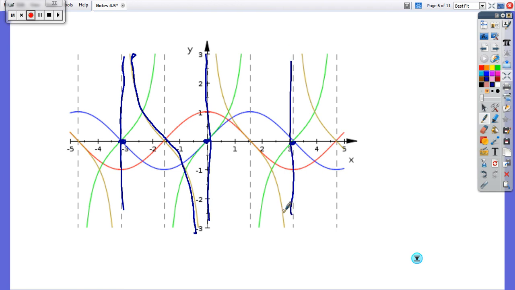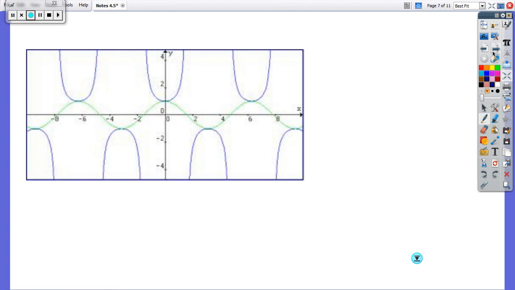And then the zeros of cosine, so cosine's in red, 0 here, 0 here, 0 here, that's all where cotangent has its own zeros as well. So again, they're just opposite of each other. Important to remember them properly.